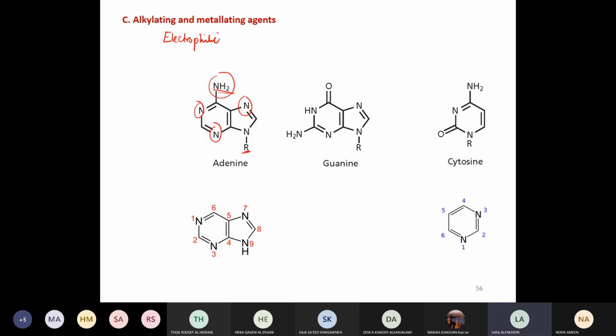The primary one, this one, is the most nucleophilic. Least. Okay. Of course you can figure this out by drawing the expected resonance structures.